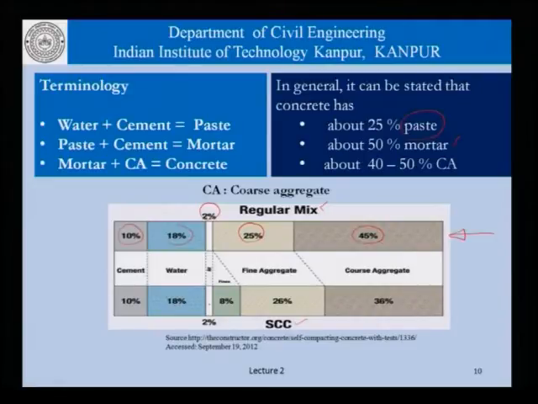What really happens is that the coarse aggregate volume is reduced from about 45% to 36%, and that additional volume which is left behind, there are some fines which are added. Now, it could be normal sand which is increased, or some additional admixtures of additional material which is used and serves the same purpose as sand.